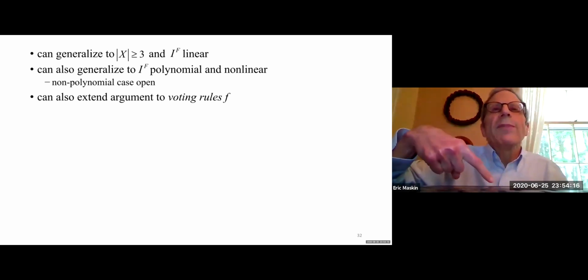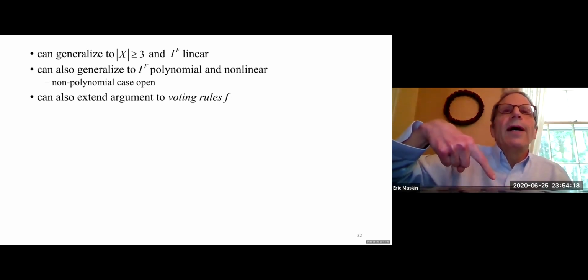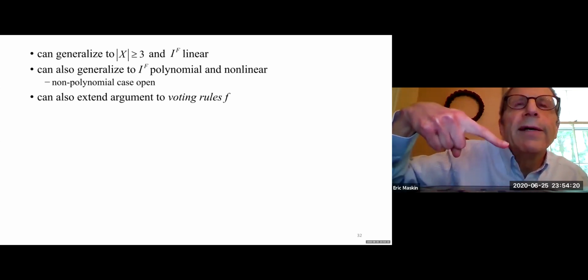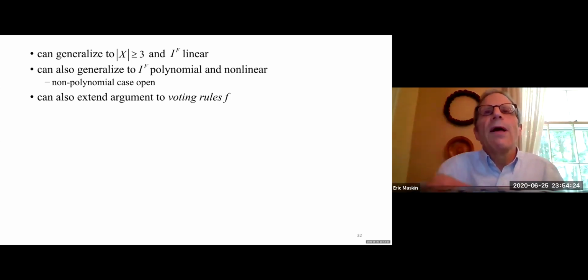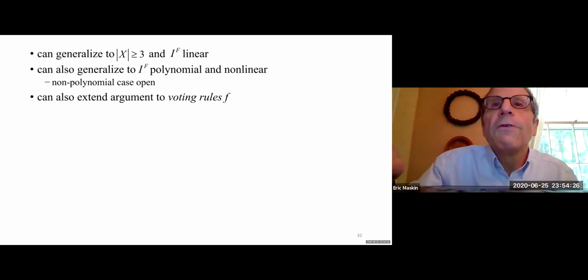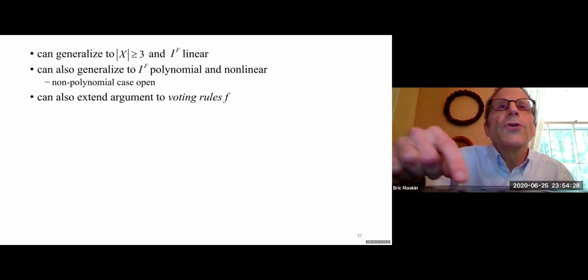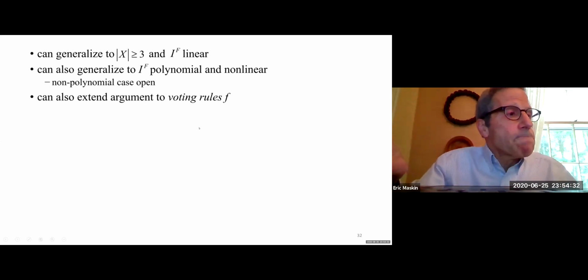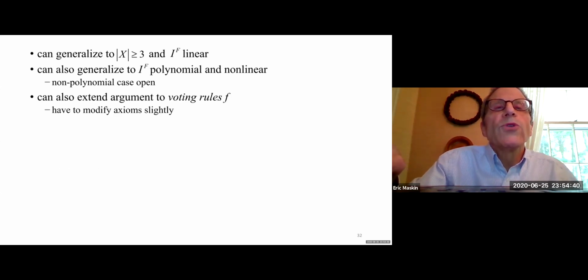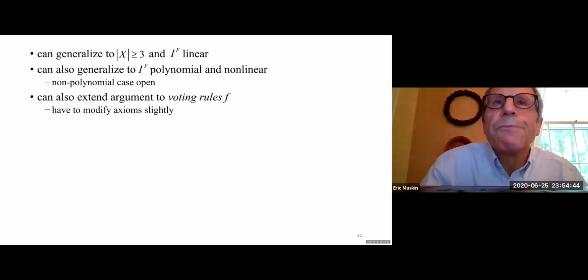The same arguments that we gave in the social welfare function case can be applied to the voting rule case to cover voting rules. And with that observation, I think I will stop and open it up for questions.